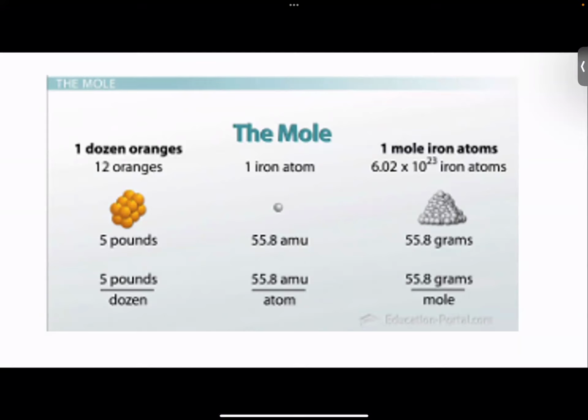What we have been discussing when we get the average atomic mass, we've been talking about one atom. So for carbon, one carbon is 12.011 AMUs. For magnesium, one magnesium is 24.31 AMUs. For one iron atom, it's 55.8 AMUs.